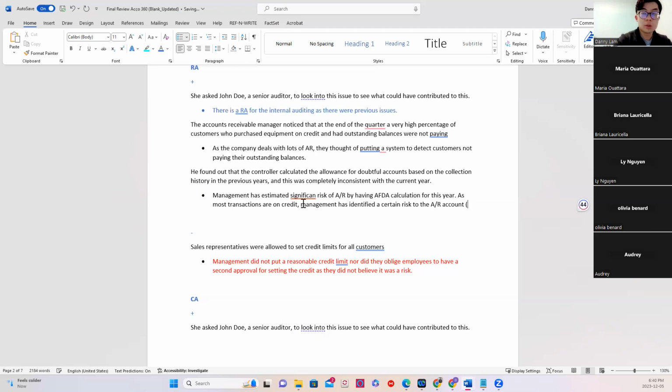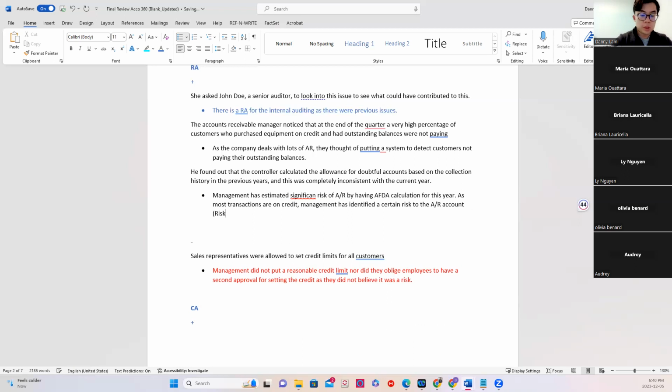So just talking about the risk assessed for AFDA, there is a deadline to assess.